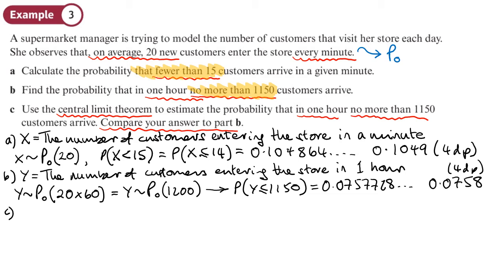Now there are two ways we can do this question. We can either use the random variable x and look at the number of customers entering the store in a minute, or we can use the random variable y and look at the number of customers entering in an hour.